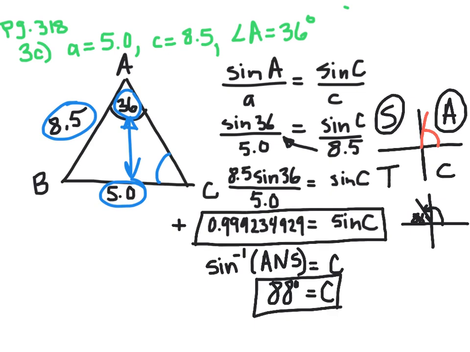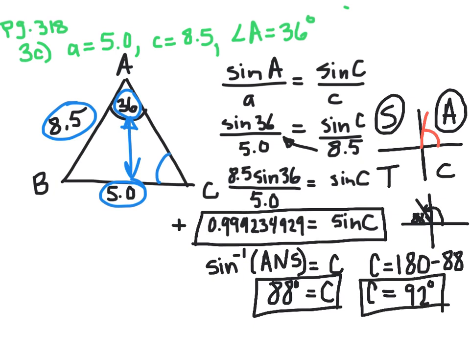If you take a look back at my 5.4 lesson and explanations of many of the problems there, you'll know what I'm talking about. And to find the other answer, I get C is equal to 180 minus 88. And so I get that C is equal to 92 degrees as my second answer.